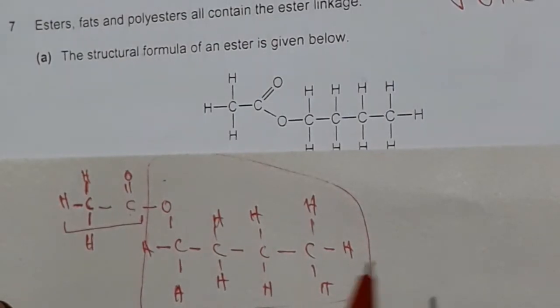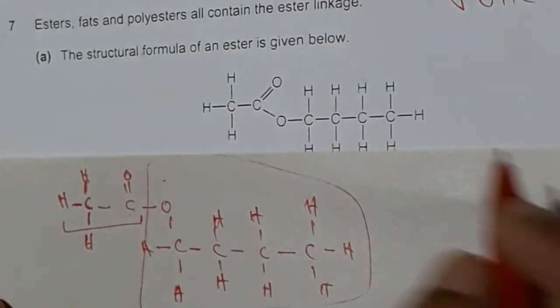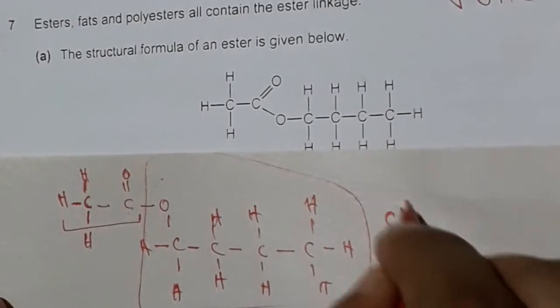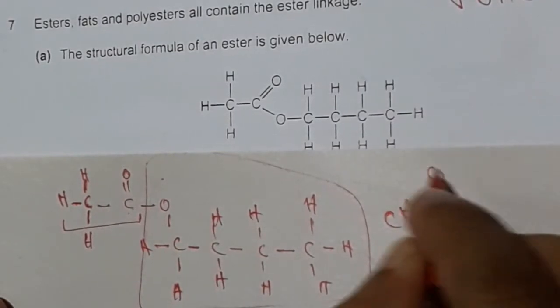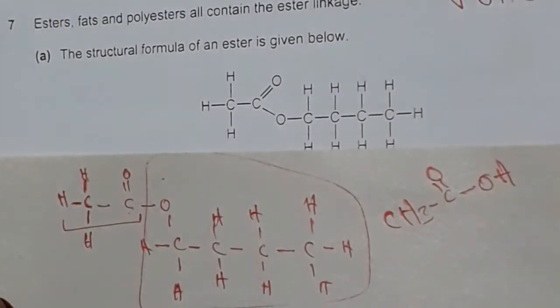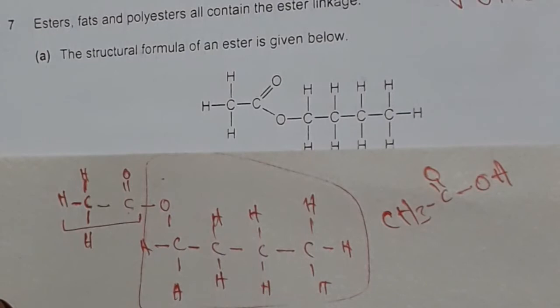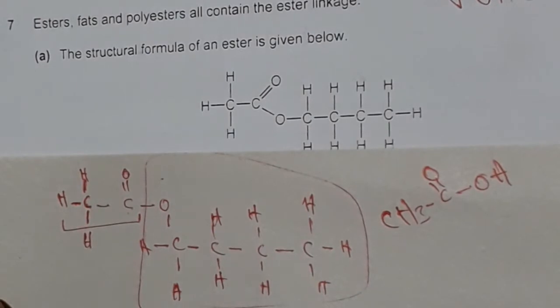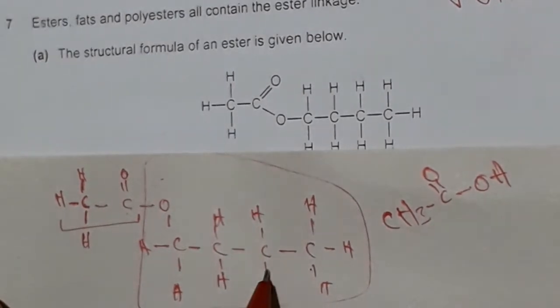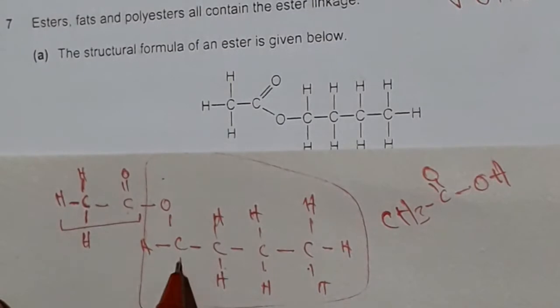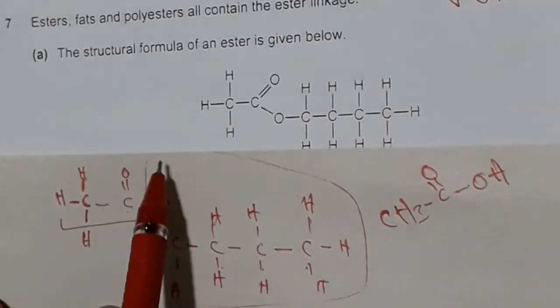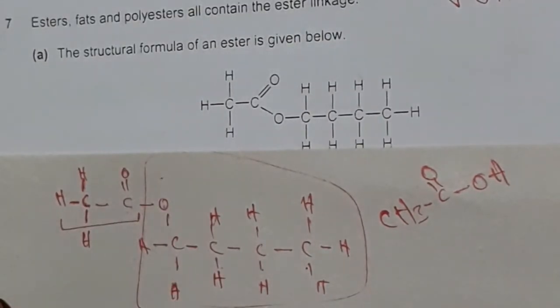Okay, so you have to say CH3C double bond oxygen OH, ethanoic acid. This is carboxylic acid, ethanoic acid. And the ester part here, CH3CH2CH2CH2OH, it will be alcohol.